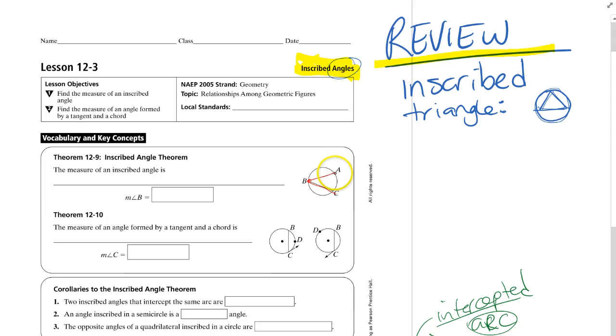Whoa, wait a minute. We're talking about arc measurements that are in degrees, because after all, a circle is always 360, and if we have part of it, then we'll have something a little bit less than 360. So now, if we can measure this, we'll compare it to this angle, and the angle will always be half of the intercepted arc.